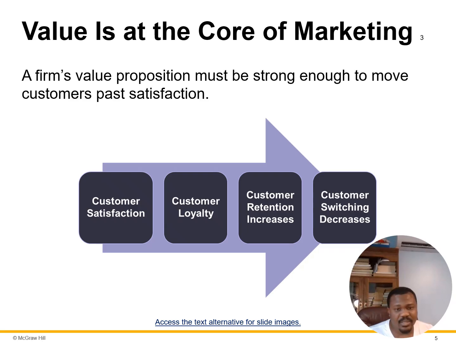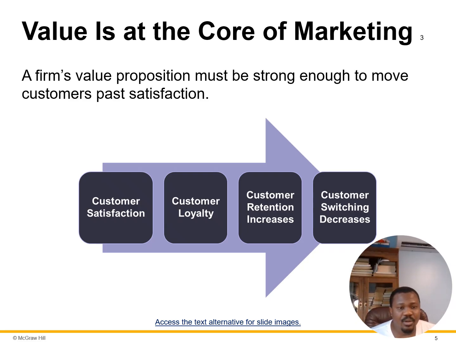So customer satisfaction goes to customer loyalty, goes to customer retention. When a customer is satisfied, there's loyalty, then retention increases, and the customer will not switch to any other firm. So that is how value is the core of marketing, when a firm's value proposition is strong enough to move customers past satisfaction.